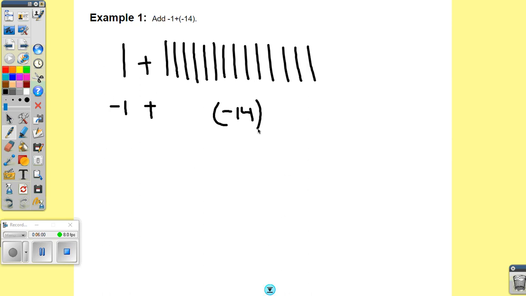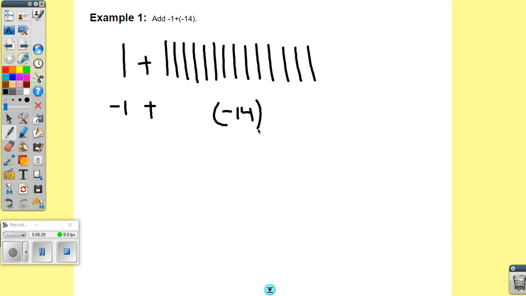So on your desk, you should have one black popsicle stick on the left side, and you should have a group of 14 black popsicle sticks on the right side. So when you add, they're basically asking, okay, well, what's the total? Add them all up, right? So total, because I have all the same color, all of these popsicle sticks are black, we don't actually have anything to cancel out or simplify.